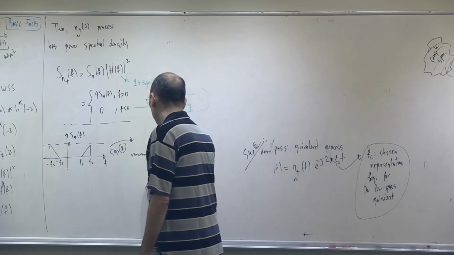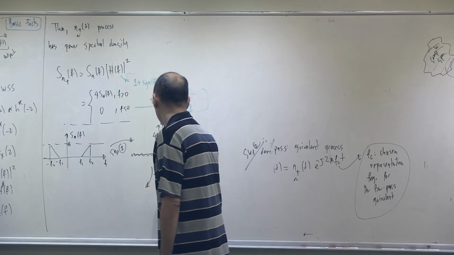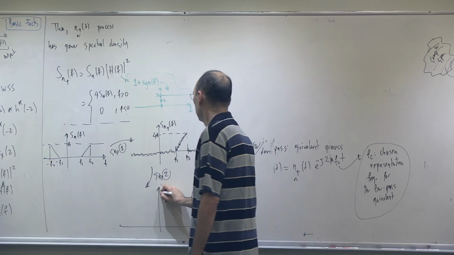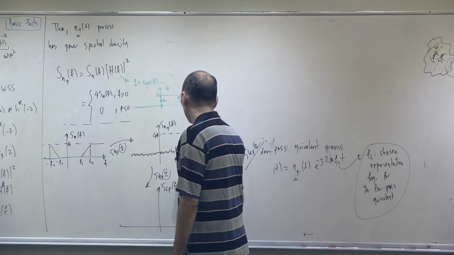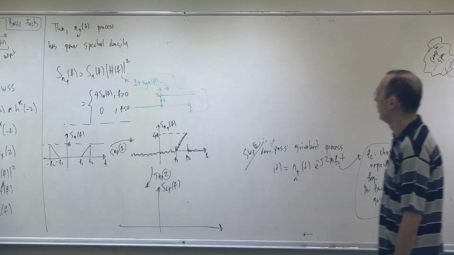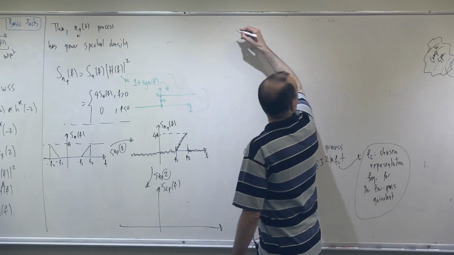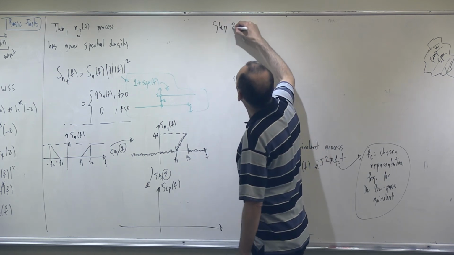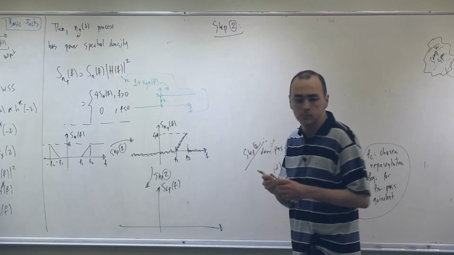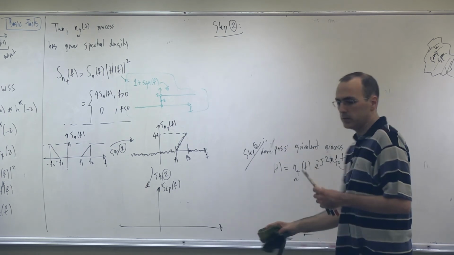Okay, so we need to do step number 2. So let me reserve this. At the end of step number 2, we will be sketching, hopefully, the lowpass equivalent process power spectral density. So how can I do this? So this is the end of step number 1. So we are going to step number 2. Step 2. Now, I would like to discuss this.